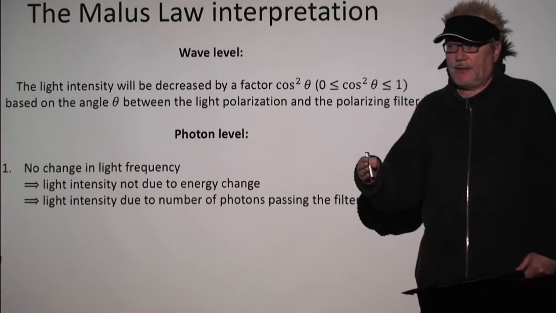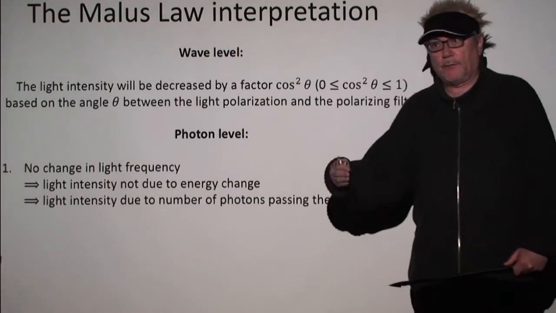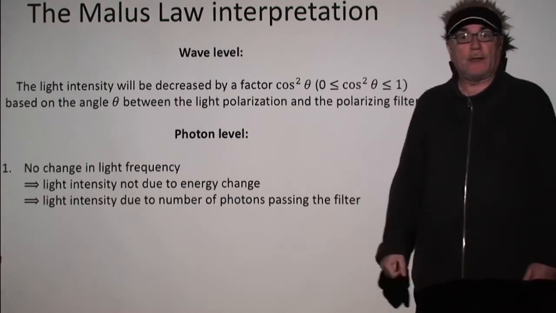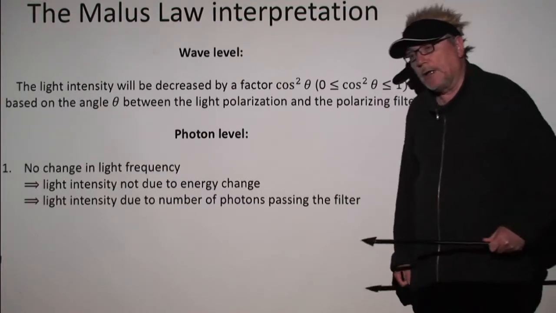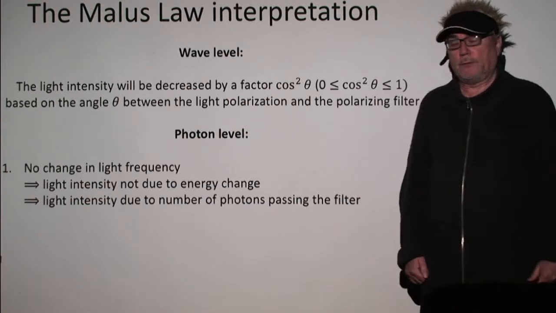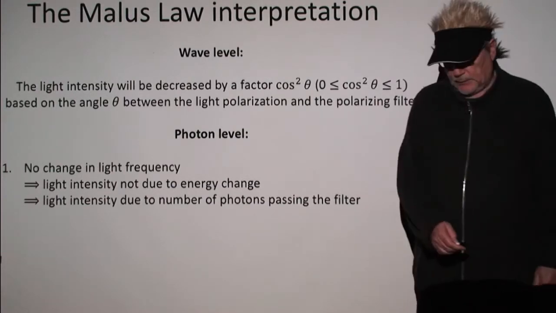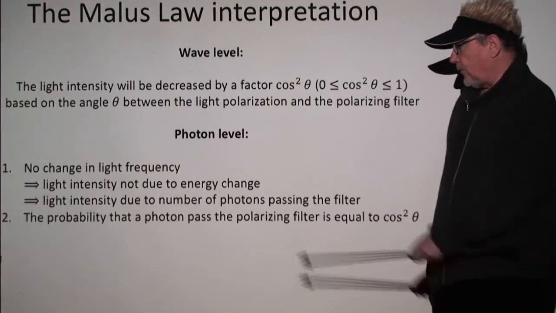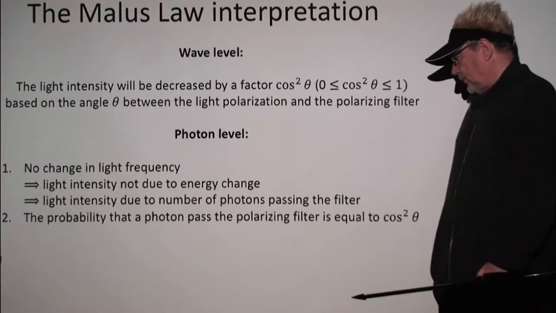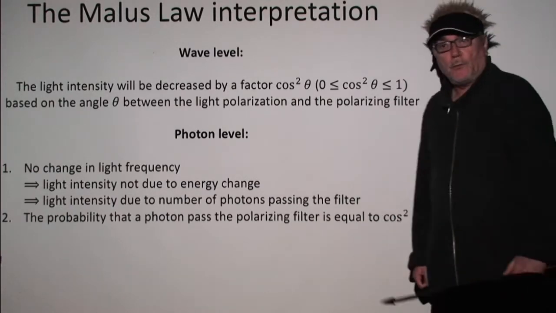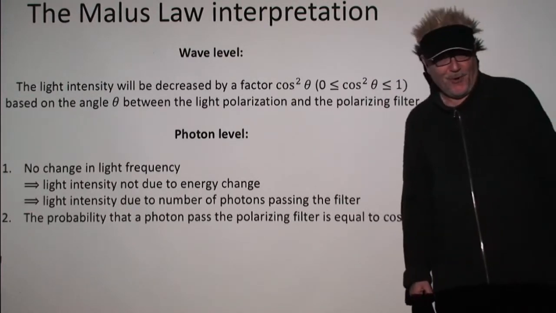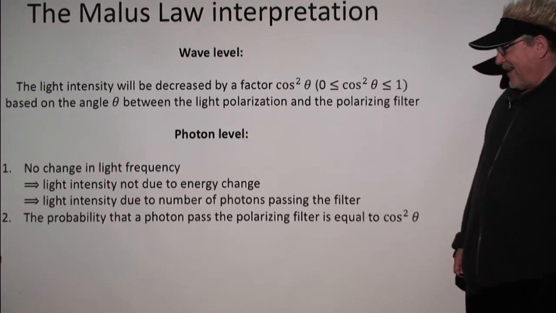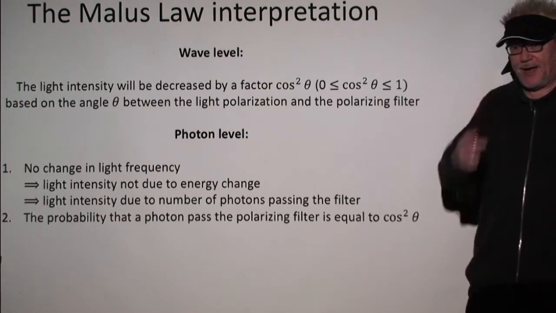Therefore, since the intensity of light was weaker after the filter, it had to be another reason, and that reason was just the number of photons going through the filter. And therefore, the statistical probability that a photon passes the polarizing filter is equal to cos square theta, because of Malus' law. All right, so that's something that we need to keep in mind.